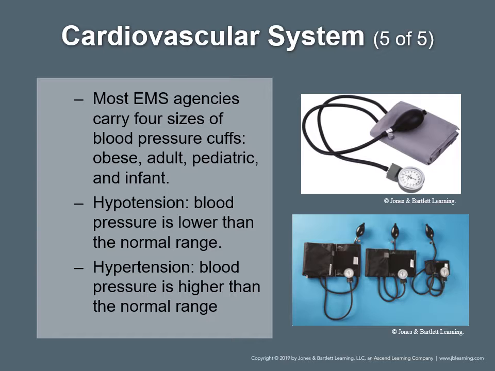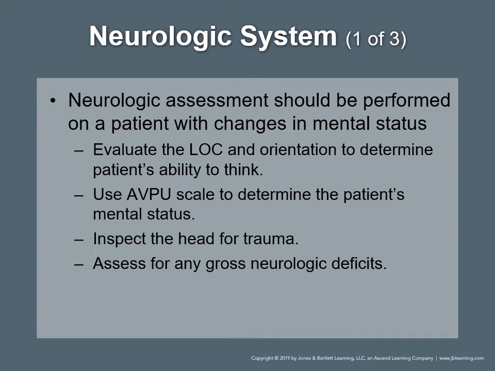Okay, our neurologic system, our brain and spinal cord, are fairly important to us. So any changes in our brain function or our motor sensory can cause some pretty devastating long-term effects.